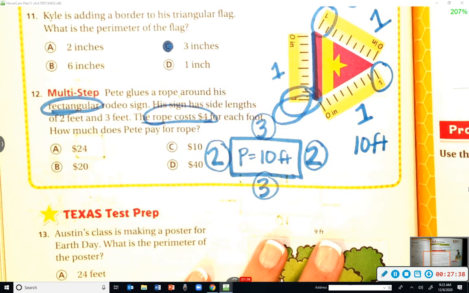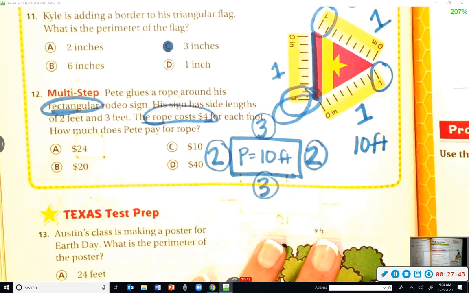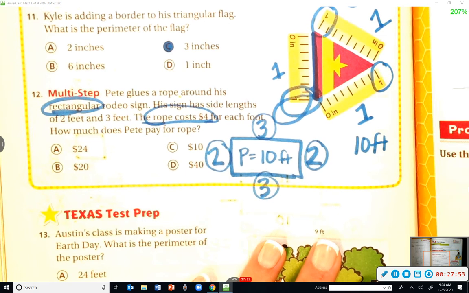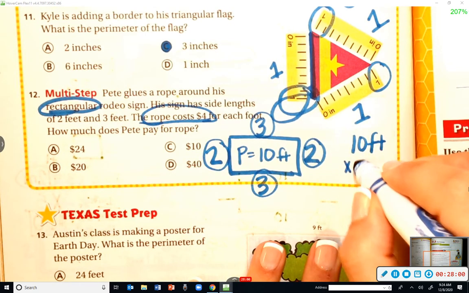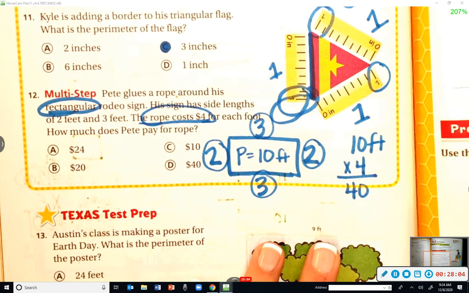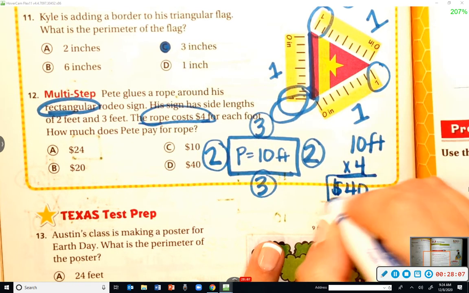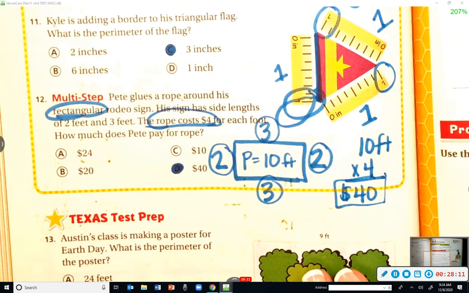But how do I figure out how much it's going to cost for all this rope? 10 feet of rope. $40, you mean? But how do you know? Because I counted 10, 15, 20, 25. You counted 10 4 times because it's $4 each. Okay? 10 times 4 is 40. Good. So it would be $40 for 10 feet of rope. D was the correct answer.